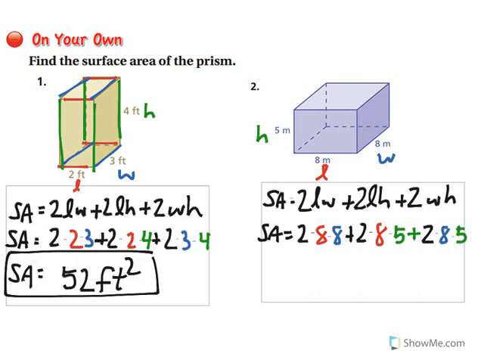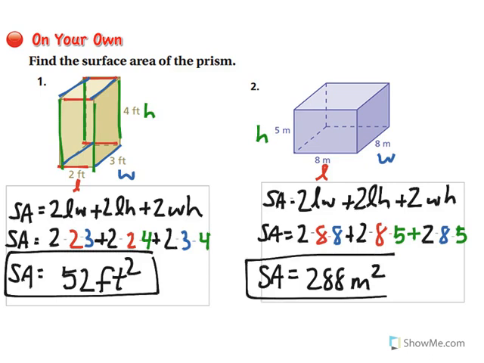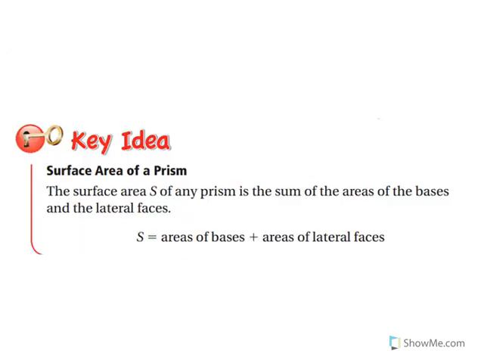Again, you notice I have 2 greens, 2 reds, 2 blues, and the colors are always mixed up. They're never the same colors being multiplied. Hopefully that makes sense to you. When I multiply and add this together, I get surface area equals 288, and it's meters, so meters squared. Okay, so far, hopefully this is pretty easy. Let's go ahead and move on to our next shape, see how we're doing on this.